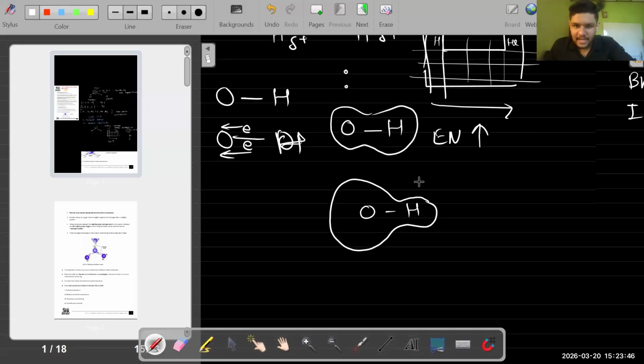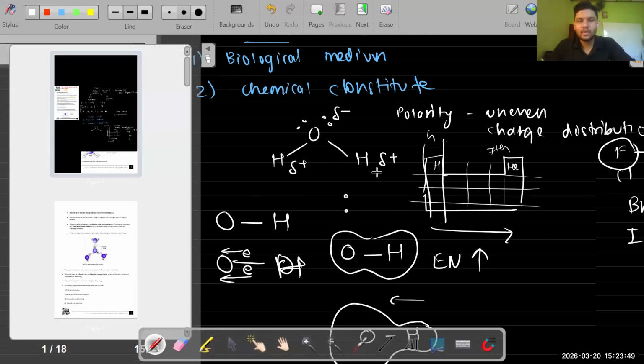So more electrons get attracted. This is called polarity. It is a charge distribution. As more electrons are pulled this way, electrons are what charged? Negatively charged. So as more electrons are pulled towards this side, this oxygen is negatively charged. The opposite of this is hydrogen, which means if this is negative, this is positive.